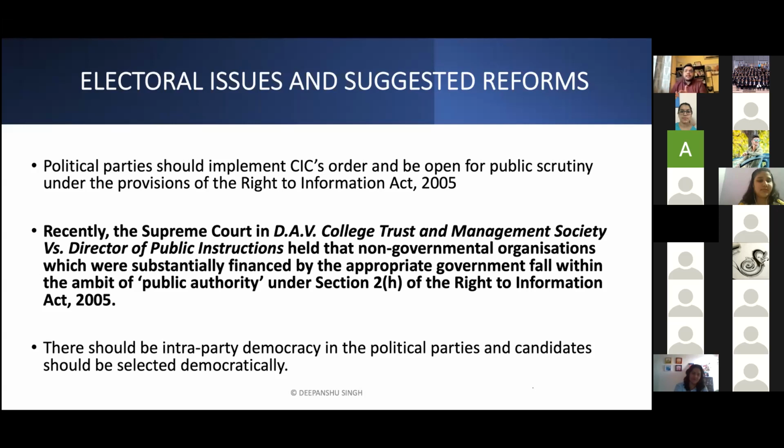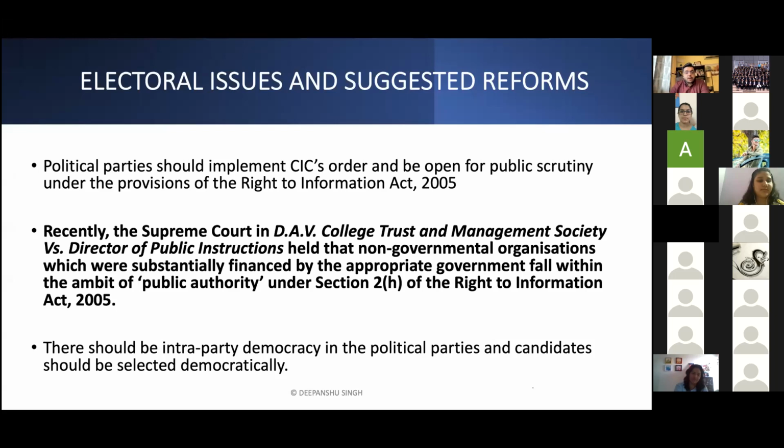But at the same time, I think sometimes the courts need to be a little more strict, if I may say so, and not everything can be pushed to the parliament, because eventually when we talk about elections and electoral laws, every political party becomes one. So it's not just about whether one political party will do it or the other. In terms of electoral reforms, I think it has to be a combined effort.